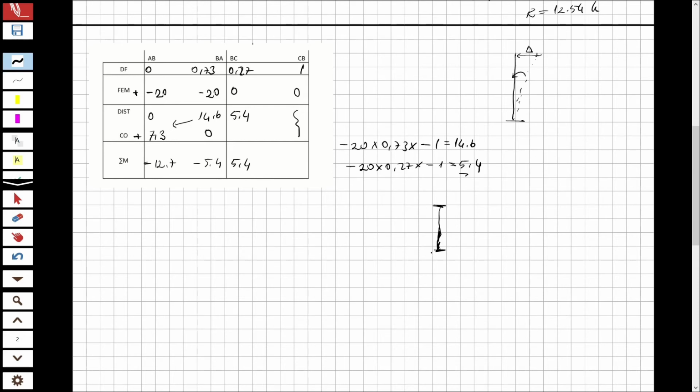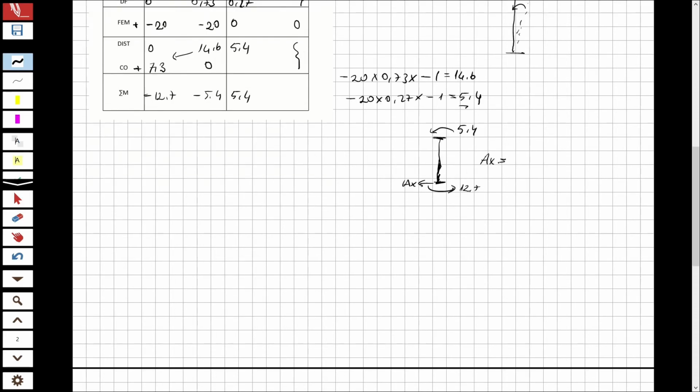I have two moments in the same direction, 12.7 and 5.4, okay? And this is also AX. 5.4 plus 12.7 over 6 is equal to 3.0166. This is my AX.